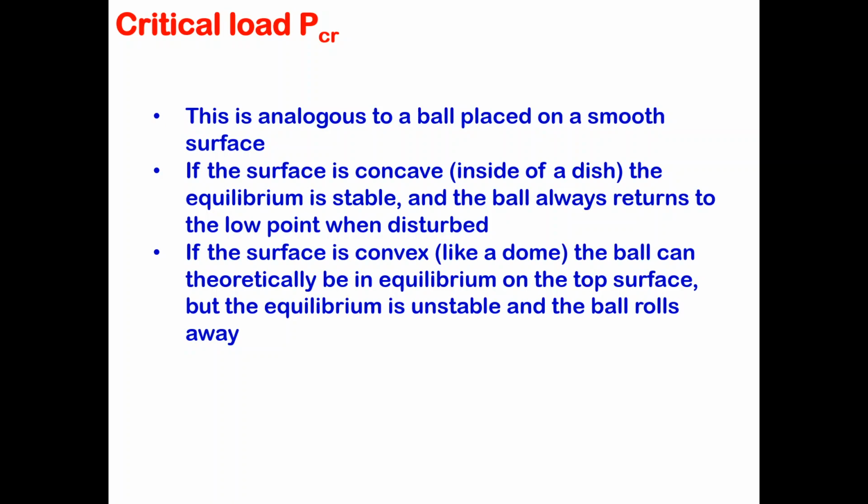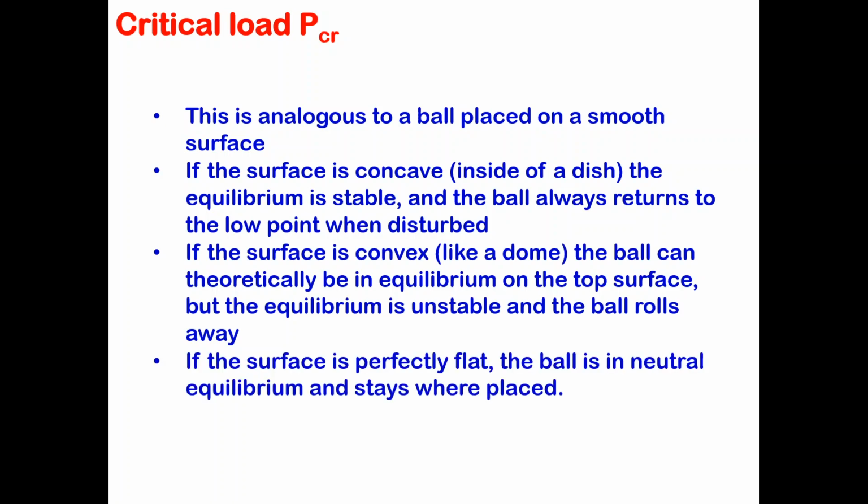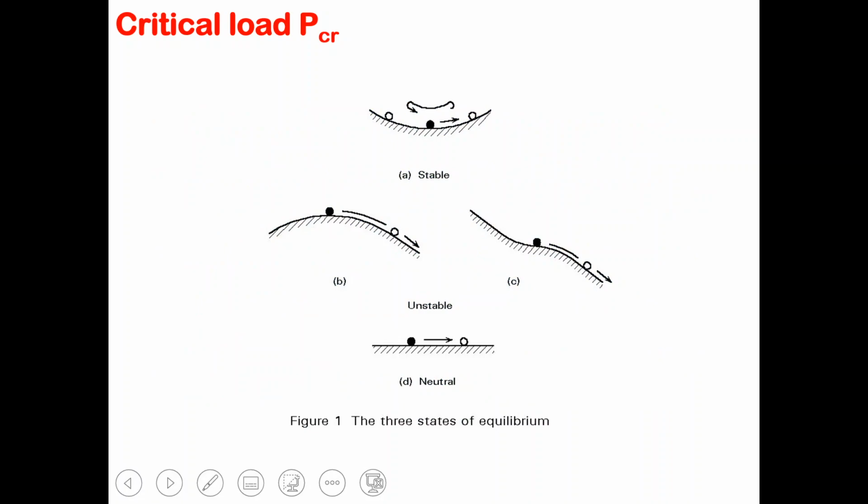But the equilibrium is unstable and the ball will roll away. And if the surface is perfectly flat, the ball is in neutral equilibrium and it stays where it is placed. And you can see a representation of what I just said here.